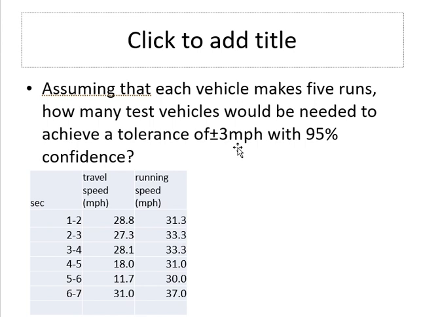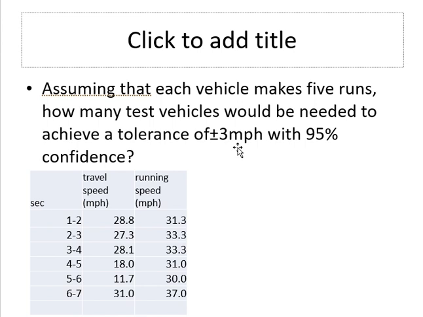For that we are going to use the same equation which we have used for the sample size, earlier in the last question as well, which is this one. This is my E value.